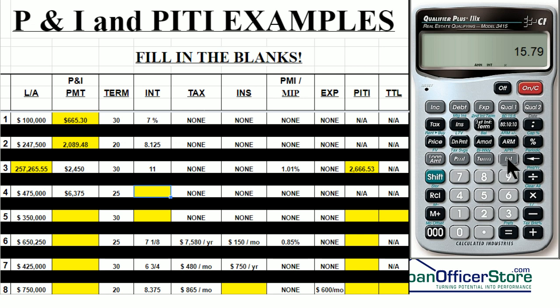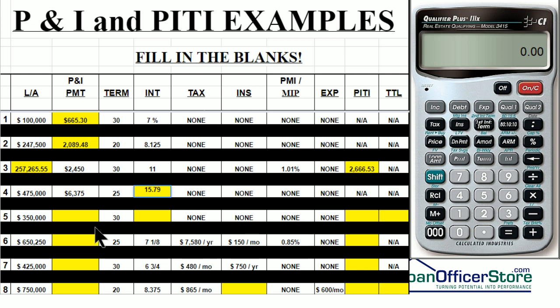And then it'll solve for an interest, 15.79. So 15.79 would be the interest rate that borrower would be paying on that particular loan. Now, if it seems high, again, interest rates went as high as 18.5% back in the 80s, so it's not that far out of the realm of possibility.